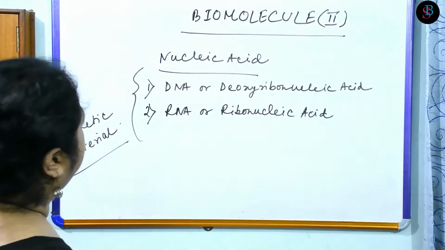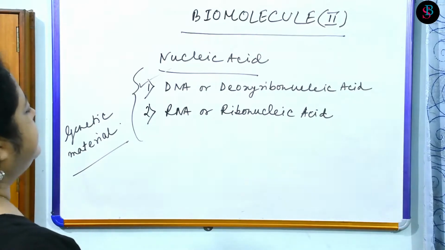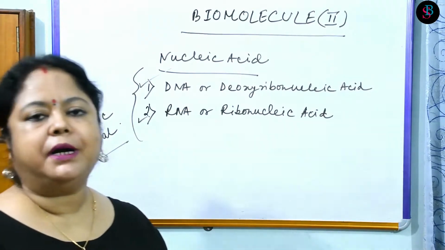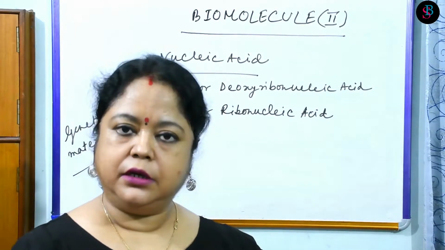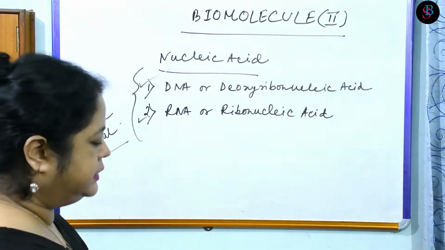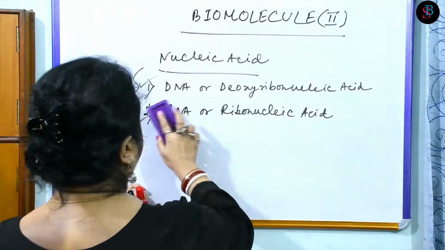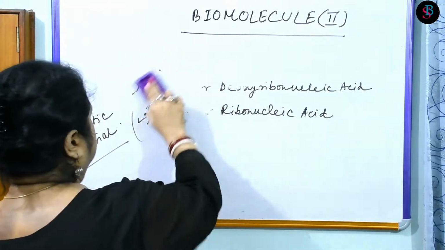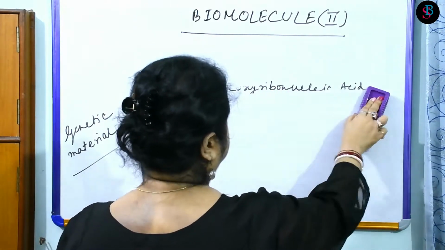In most higher organisms, DNA is the genetic material, and in lower organisms, RNA is generally the genetic material. But in higher organisms, sometimes RNA also has a role in genetics. Now, about the detailed structure of DNA, if we study it, we shall see there are three parts.